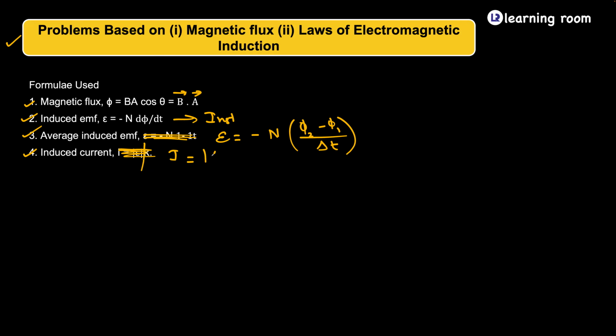I is equal to, sorry, not delta E, modulus of E divided by R. Is that clear? So this is a summary of whatever we have seen till now. Shall I proceed?